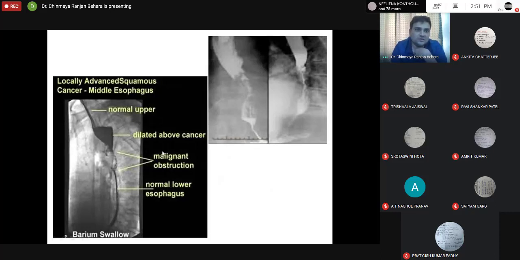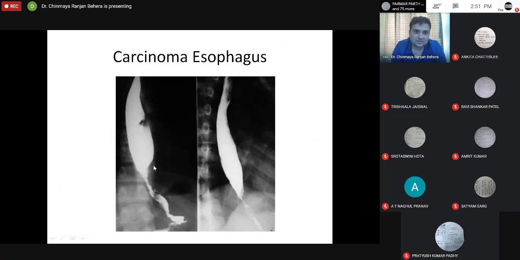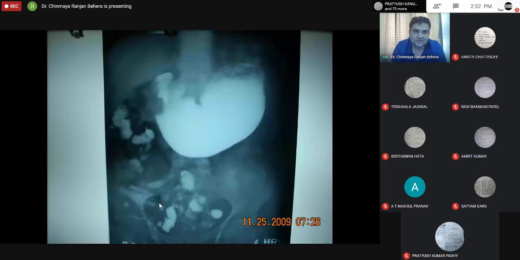Above the cancer there is dilatation, there is an obstruction, so there is a narrow part, and then a normal esophagus. Same thing here: there is a dilated esophagus above, a malignant part here, so there is a narrow part, and then you have a normal esophagus. This is suggestive of carcinoma esophagus.